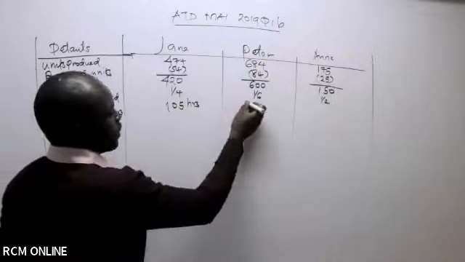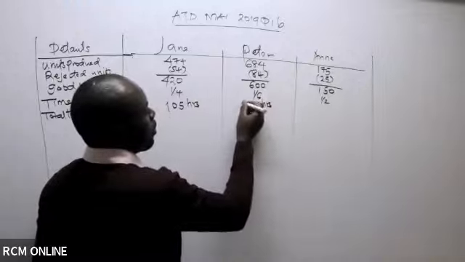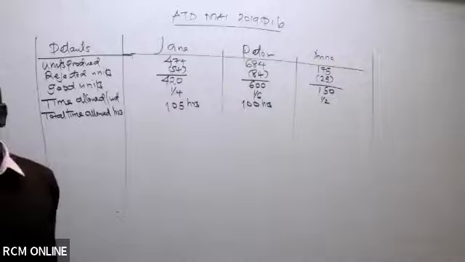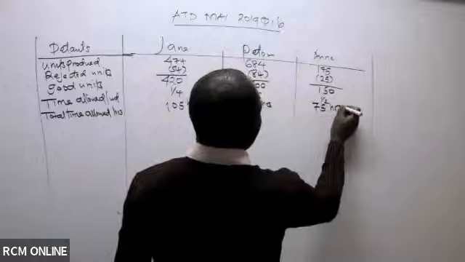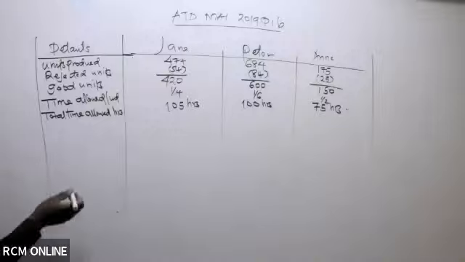A sixth of 600 itakuwa 100. Then half of 150 itakuwa ngapi? 75 hours. Good.